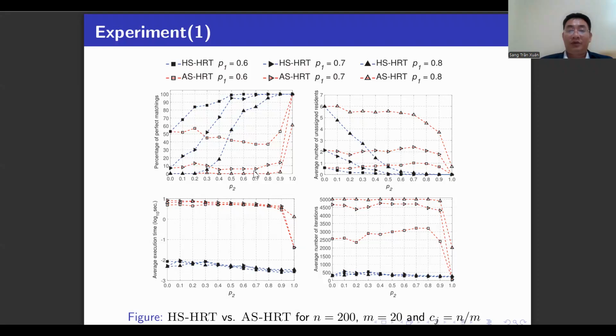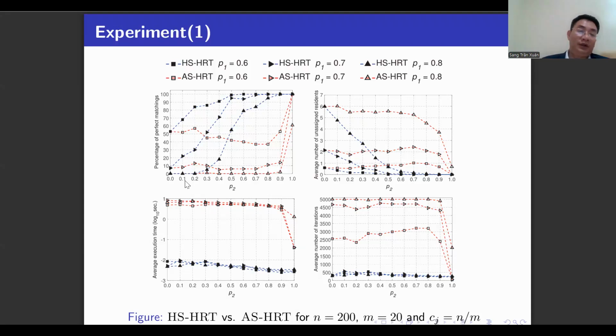So we have a total of 8,800 instances. It means that each resident ranks about 4 to 18 hospitals, and each hospital ranks about 14 to 180 residents, whereas P1 decreases from 0.8 to 0.1, respectively. For each generated instance, we set the capacity of each hospital equal to 10.